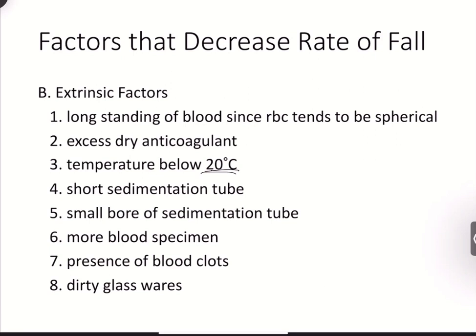Also a short sedimentation tube, a small bore of the sedimentation tube, more blood specimen than anticoagulant, presence of blood clots, and dirty glassware. These decrease the rate of fall of your RBCs. The cells fall slowly.